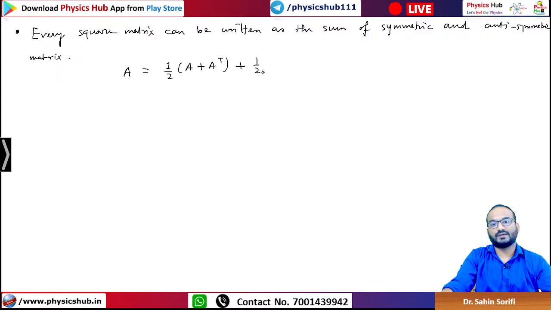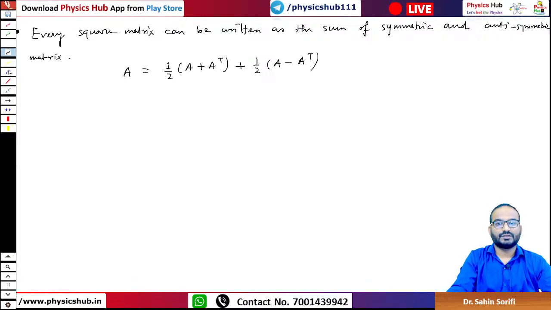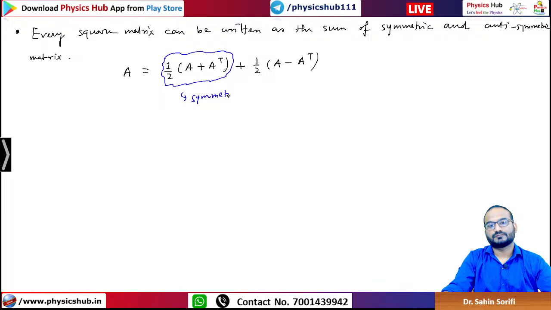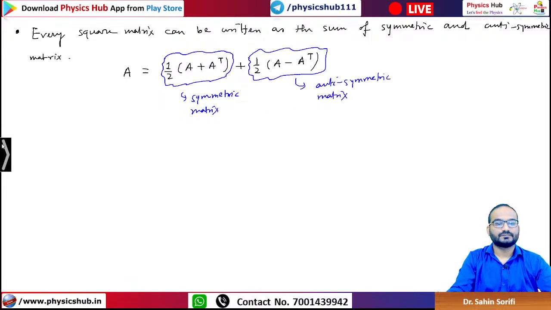And A minus A transpose is the antisymmetric or skew-symmetric part; the half factor is just to make it equal to A. So this A plus A transpose is your symmetric matrix, and this part is the antisymmetric or skew-symmetric.